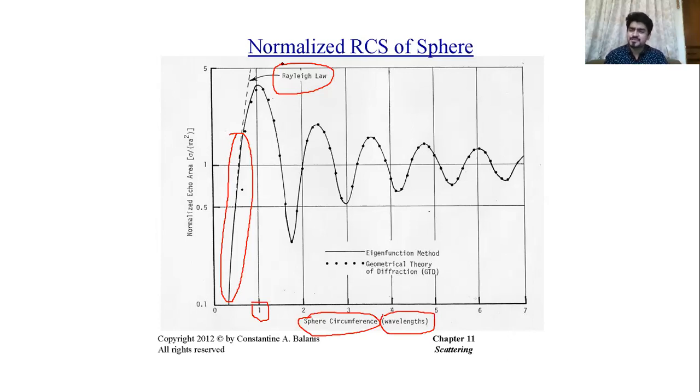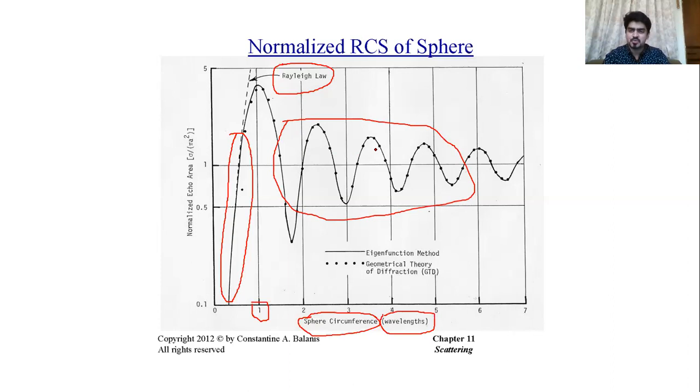Now, when the circumferential dimension is on the range of the wavelength, or a couple of wavelengths, like 2 lambda, 3 lambda, 4 lambda, in that range, then you see ripples or resonances in the RCS, radar cross-section response, of your spherical structure.